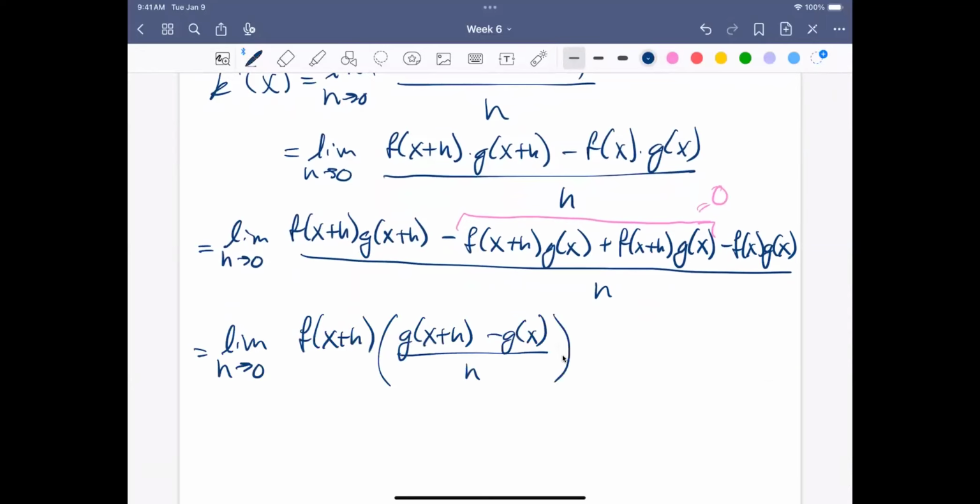From the second two terms, you can see that I have a g of x in both of those, so I'm going to factor a g of x out of that. And then I'm left with f of x plus h minus f of x, all over h.